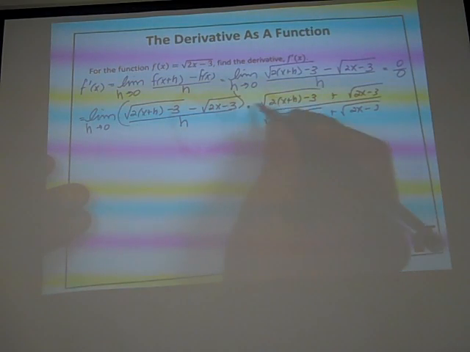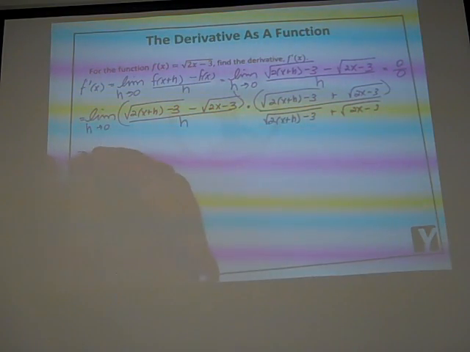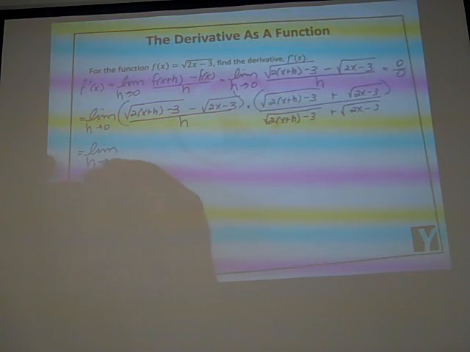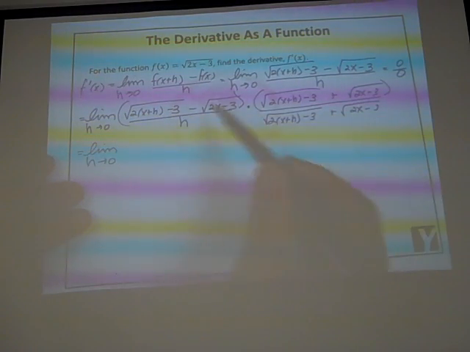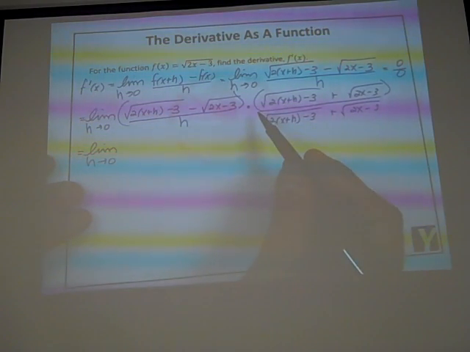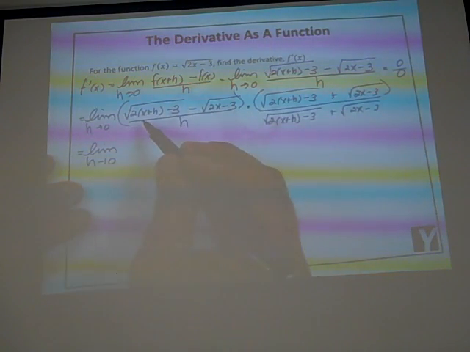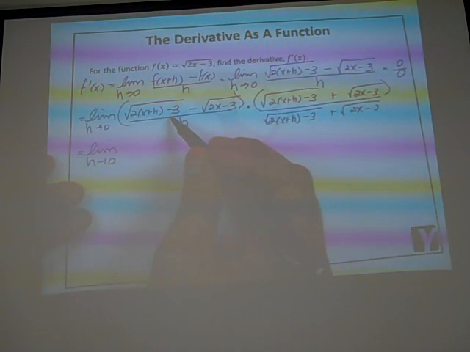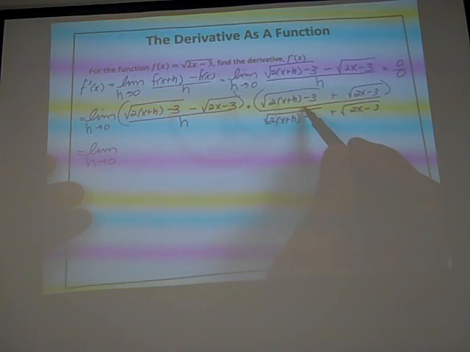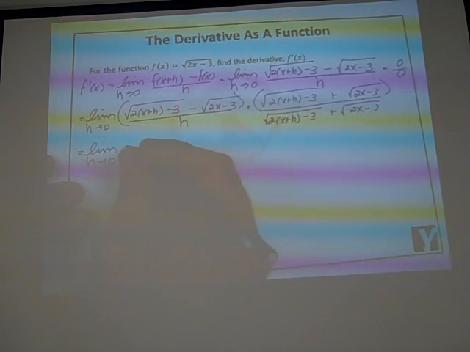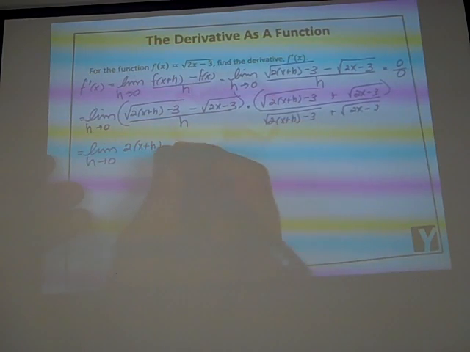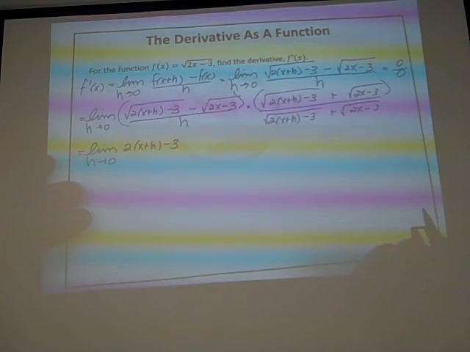Now, rather than making the largest box we've ever done, when we multiply by the conjugate, we're doing it because when I take this term over here, the square root of 2 parentheses x plus h minus 3, and multiply it with itself, we're just going to get 2 parentheses x plus h minus 3.